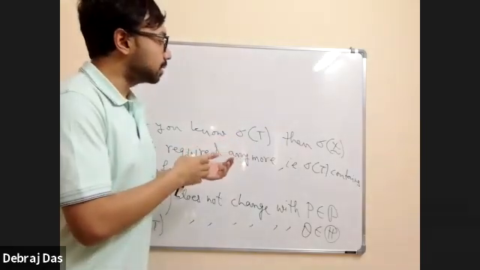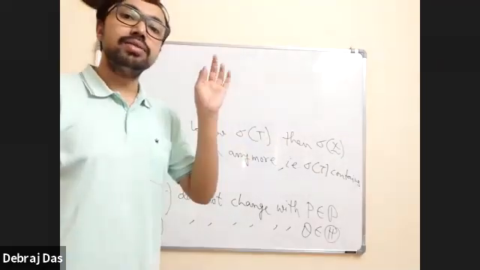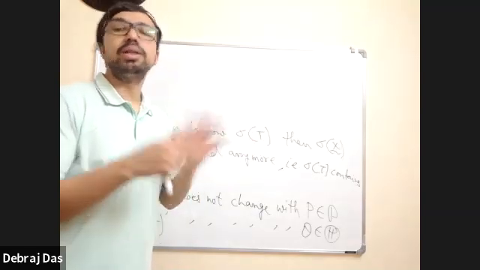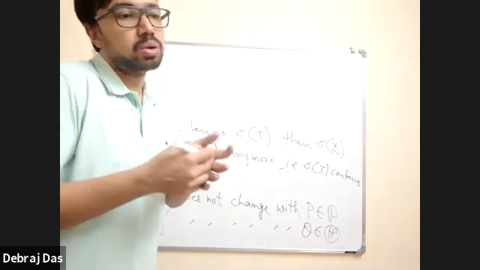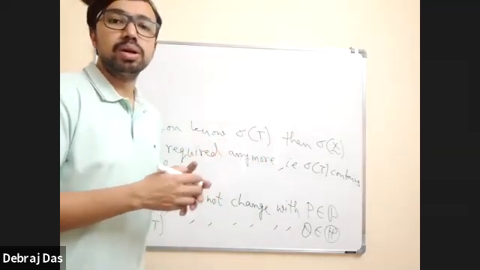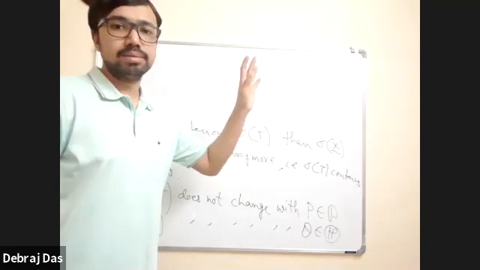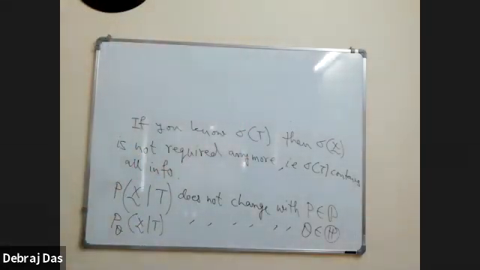And then from there, in sufficiency, you want to find a function T of X squared such that sigma T contains actually all the information. Then you do not need sigma of X squared anymore. You can simply throw away X squared and retain T. Okay, so that is what sufficiency is.